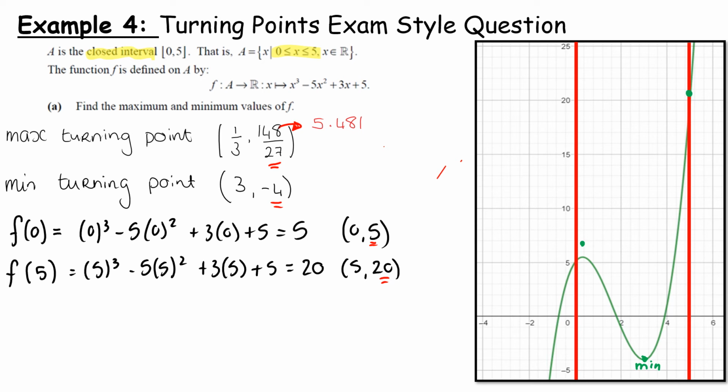We need to figure out what is the maximum and the minimum of our actual function. So we can see that the absolute minimum is this point here, but the absolute maximum occurs at this point here. So our two answers are going to be the maximum value of f is 20 and the minimum value of f is minus 4.